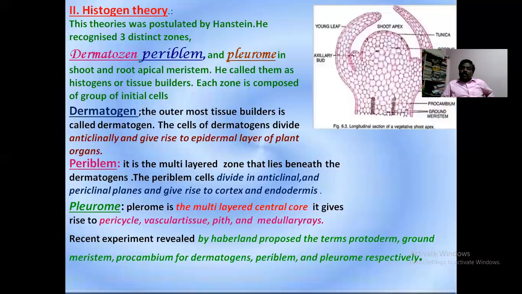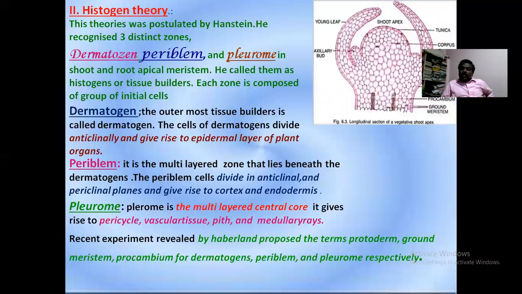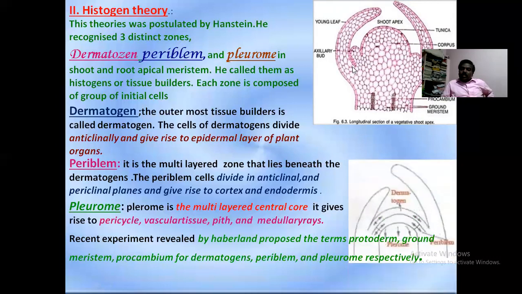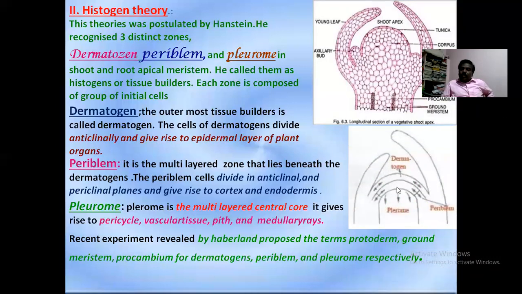You see the picture of the shoot apex from the tunica corpus. Next, we discuss this picture. The dermatogen cells divide in only a single plane, anticlinal, and produce a single layer. The periblem shows two planes, anticlinal and periclinal.